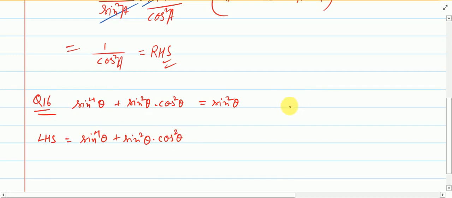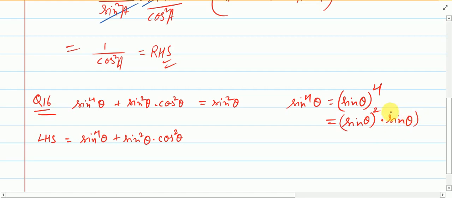So I have been always saying that if I write sine 4 theta, it means sine theta to the whole power 4. So this can be written as sine theta squared into sine theta whole square. That means this can be written as sine square theta into sine square theta.